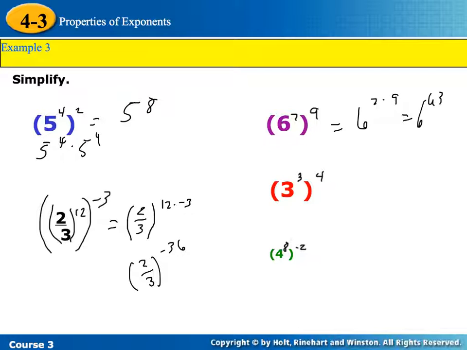Now, remember, I cannot write this fraction as 2 over 3 to the negative 36th. I want you to see if you can tell me why. This is incorrect. What's in red is incorrect. What is in black is correct. Why can I not write 2 to the negative 36 over 3?